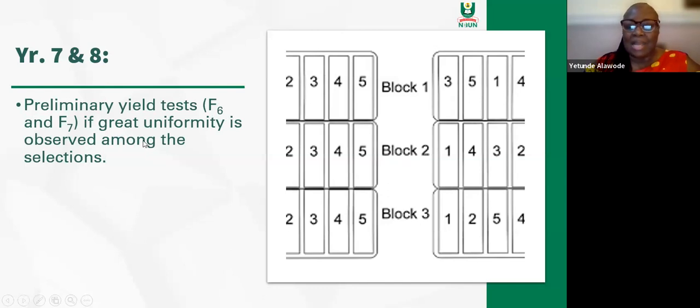So you plant them in blocks like this, okay, for uniformity, so you'll be able to see if everything is uniform like that. So you are planting them in blocks, and then you want to see them clearly, because now the seeds are fewer. You know, you have been doing a lot of selection, removing, eliminating, so the seeds are fewer. You can plant your preliminary yield test. That's what you do in your year 8.